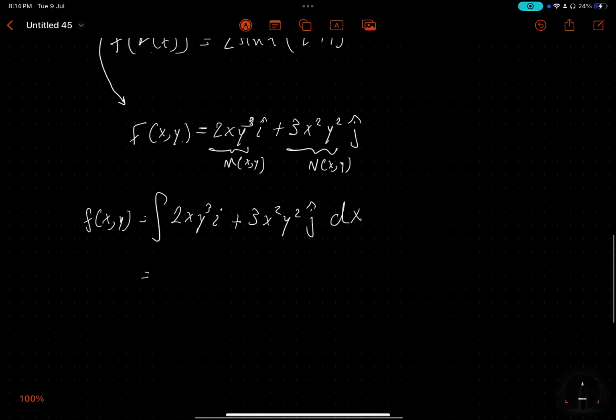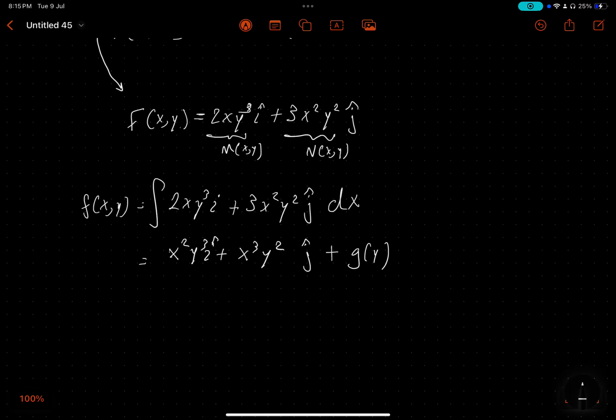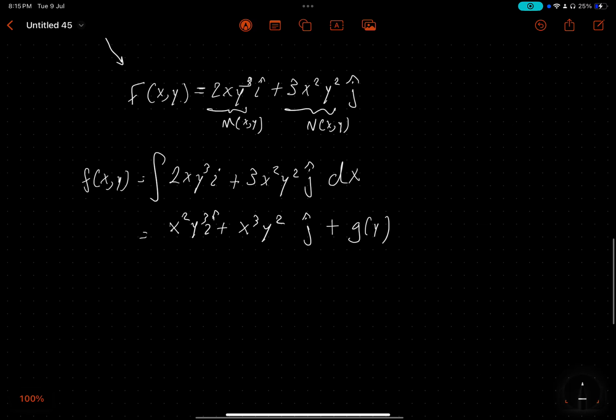If we do this, we're going to have just x squared y cubed plus x cubed y squared, of course for i and j. Then we're going to add g of y. Now why g of y? Because if we have any function of y, it's going to be differentiated away if we differentiate back.